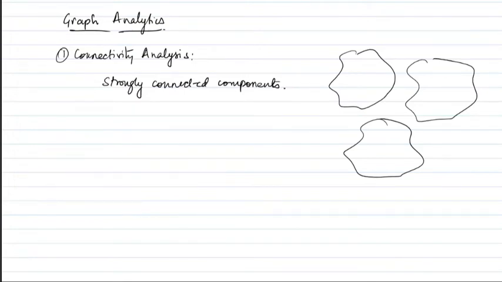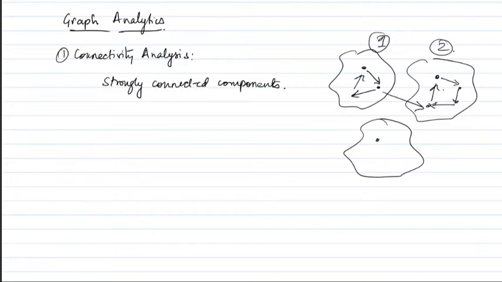Some basic ones. So in a directed graph, strongly connected components are those in which you can reach every node from every other node in that component, right? So you may have an edge going across components, but you don't have an edge coming back from component one to component two, right? If you look at component one and all the nodes inside, you'll see that all the nodes are reachable from all other nodes.